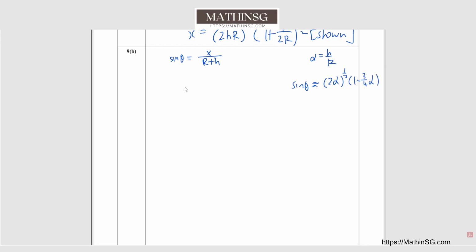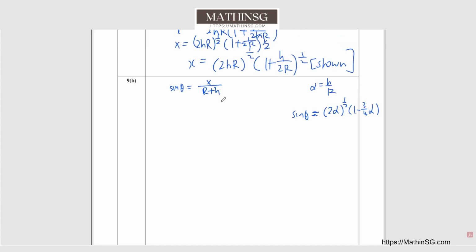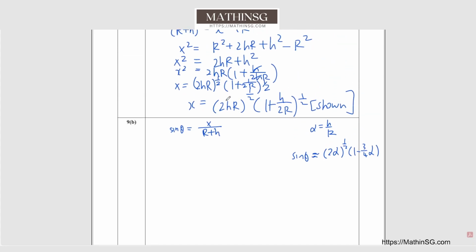This is what we need to show. Okay, so now let's go here. We have x, which is in terms of this, so we'll need to use it. So let's put it in: 2hr power of half, 1 plus h over 2r to the power of half, r plus h to the power of minus 1.